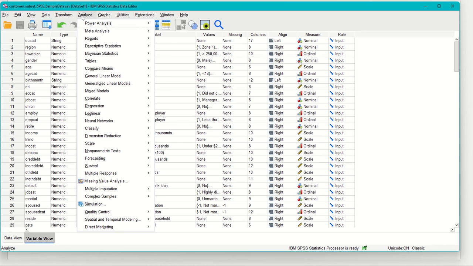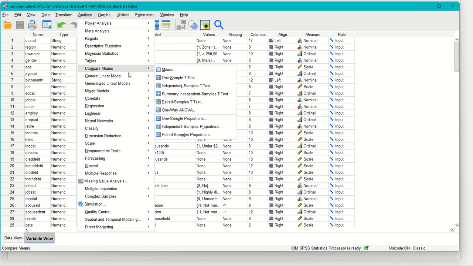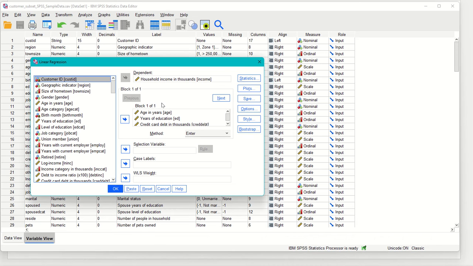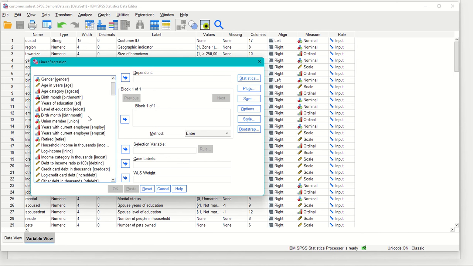So select Analyze, and then scroll down to Regression, and then select Linear. Oops, let's hit Reset. Okay, and so in the dependent box, we want to put our dependent variable, which was household income. And then for our predictor variables, we're going to put them into the next box.